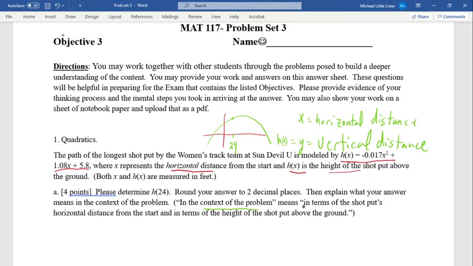That's the output value. So you get your coordinates here. The numerical value of the vertical intercept, that is the point when x equals 0. So that's the y-intercept. So when x equals 0, how high is it? And what does that mean? Okay, well, you know how far in front of the person it is, it's 0 feet.